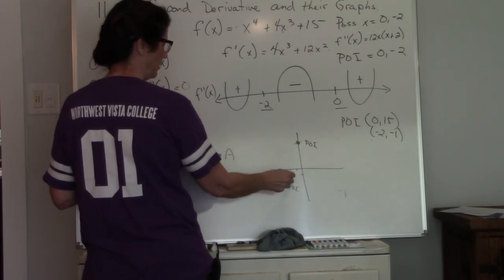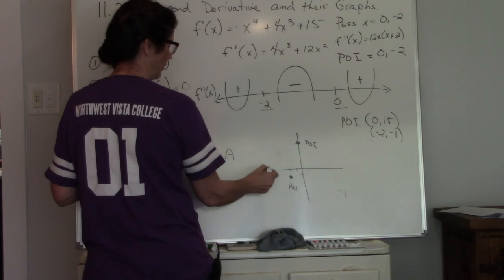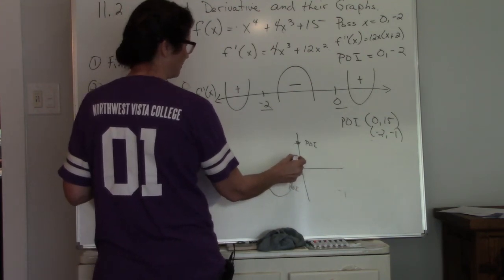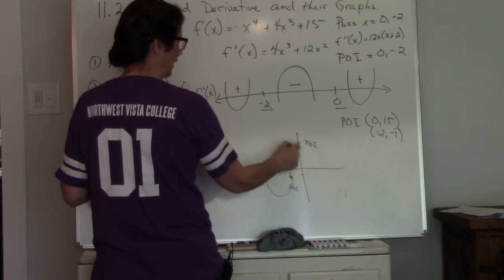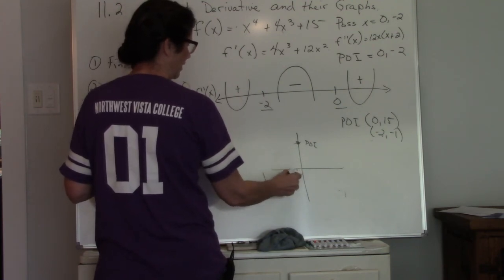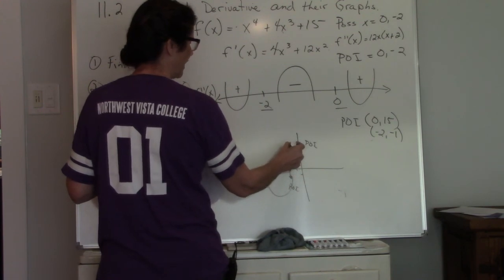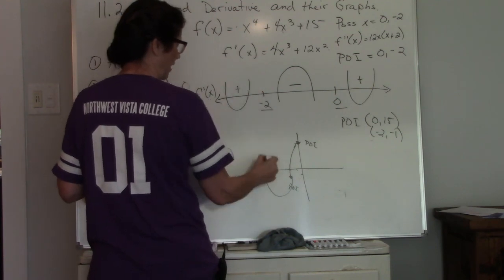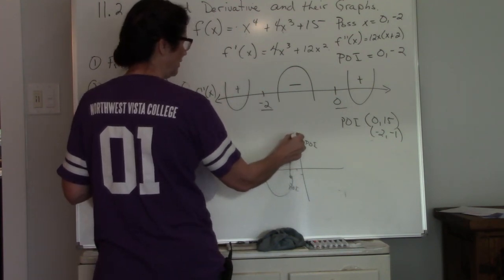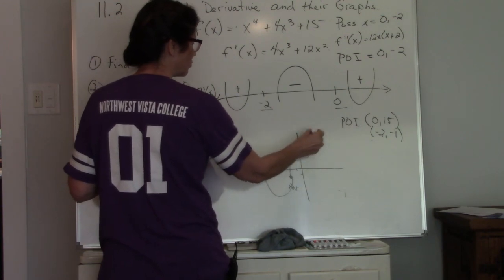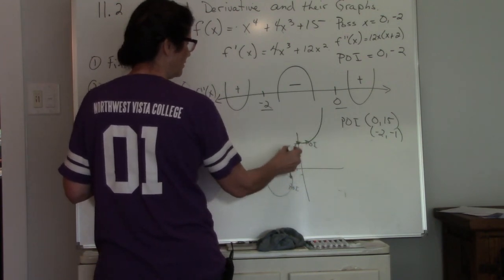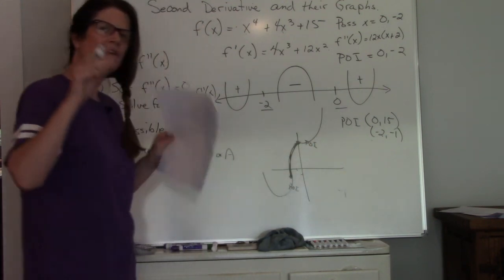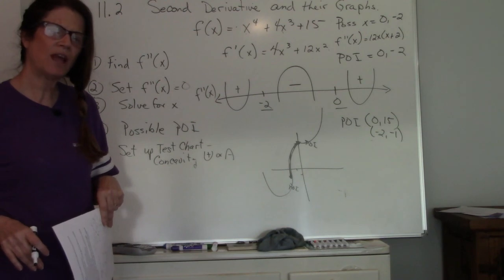That's the point that it changes. So it's curving up, and then right at that point, it starts going down again, and then at this point, it starts going up again. We don't know exactly how that works, but it's curving up and then curving down, and then at 0 it starts curving up again. So this is our down curve. This is our up curve. We don't know exactly because we don't have the first derivative yet, but we're going to find it.